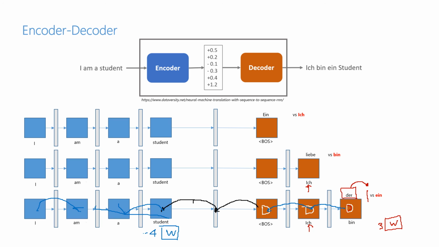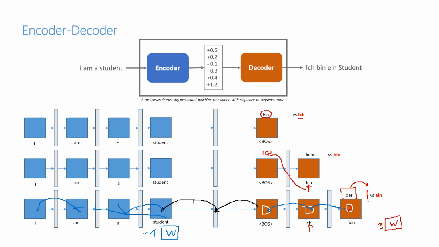Here the network gave us ein, and we would have expected ich, so to help the network, we say, okay, the expected value here was ich, and we let the network use ich in the next step.